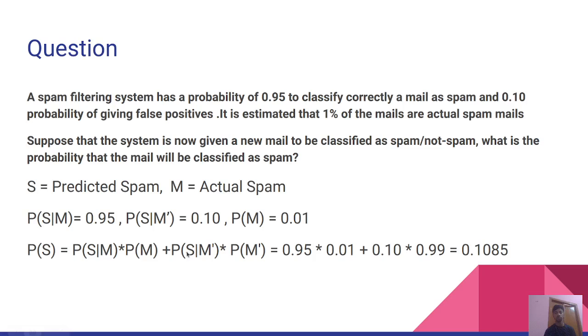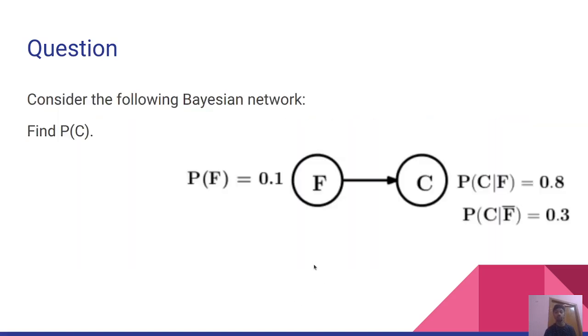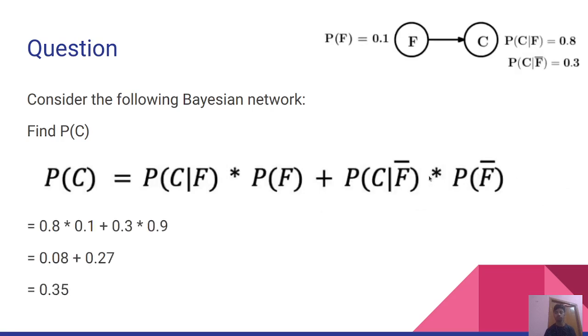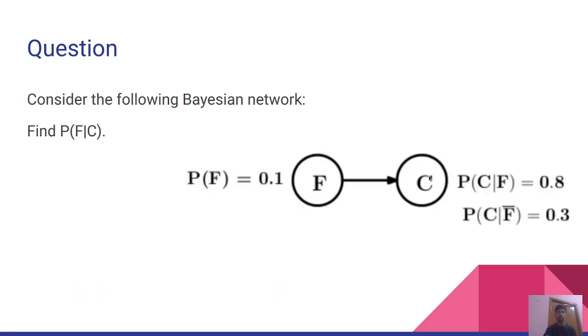So we considered the two situations, where it is spam and where it is not spam, and we just added them. Then we had a Bayesian network. We were given the probabilities here, P of F, and P of C given F, C given not F, and we had to find P of C.